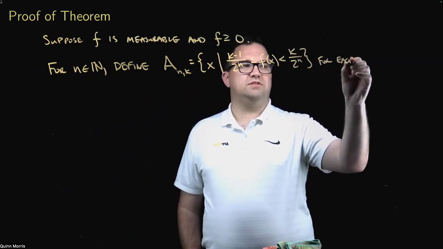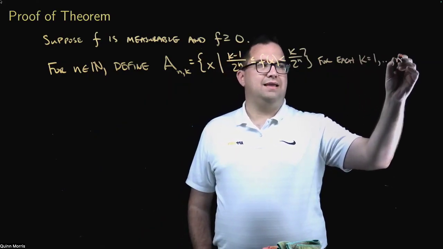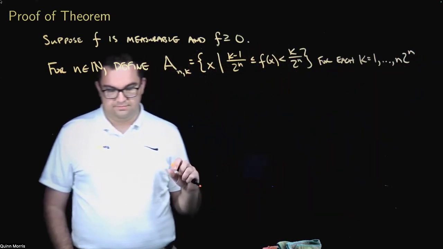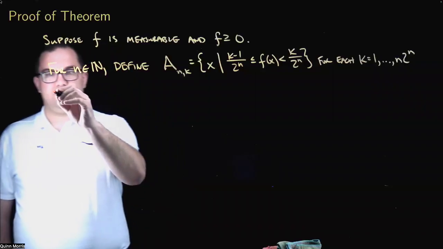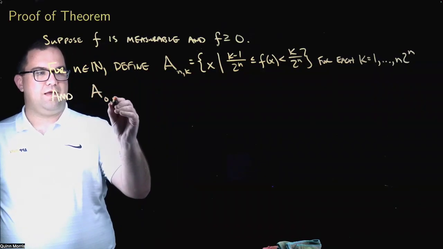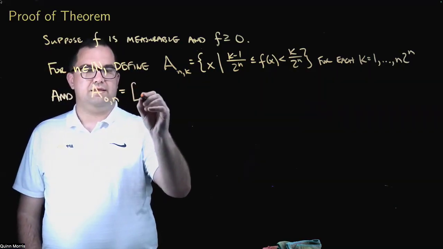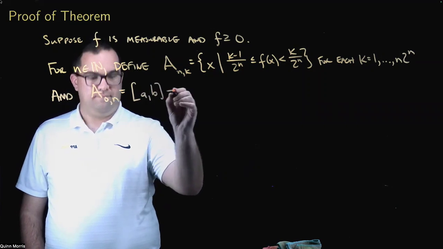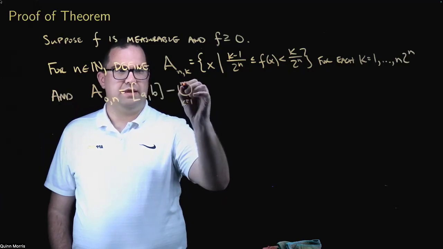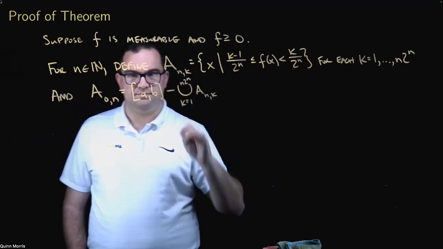I'm going to do this for each k between 1 and n times 2 to the n. And then I'm also going to define A sub 0n to be the interval ab minus the union, k equals 1 up to n times 2 to the n, of the A sub nk's.